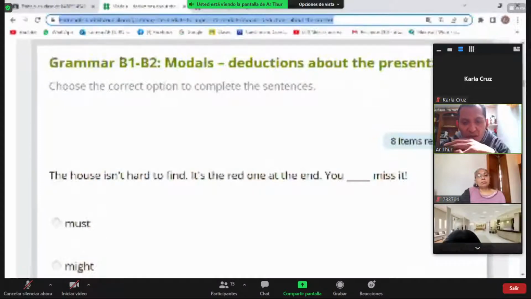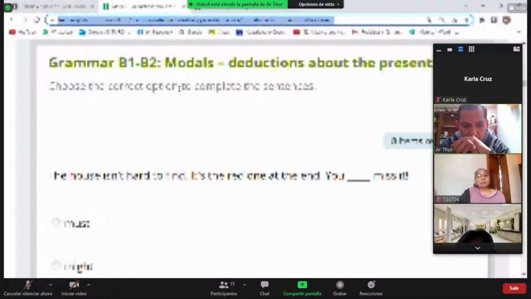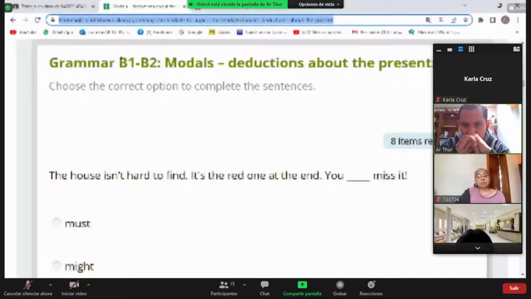It's the red one at the end. You must miss it or you might miss it. It's a probability.